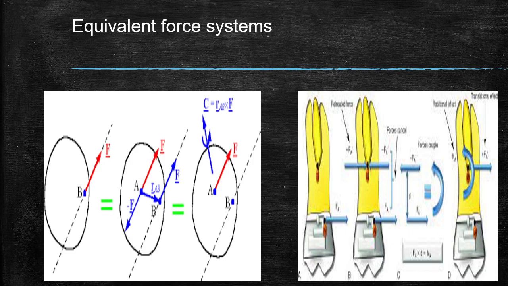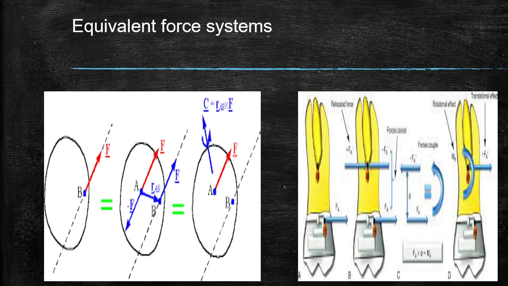Now if you want to shift that force to some other point, we can do that. We shift the force acting at point B to point A simply by applying the force F at that point and adding a moment of that force about point A. Hope you understand. Don't worry, this is a simple topic which you will understand from 1st July.